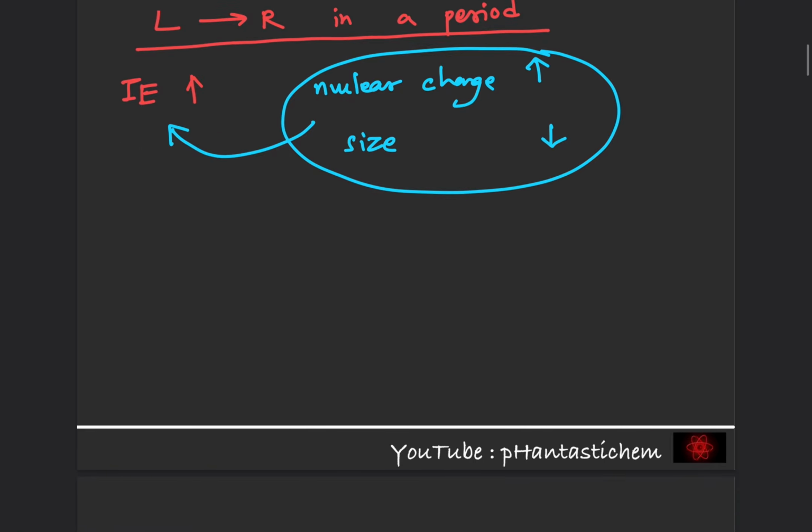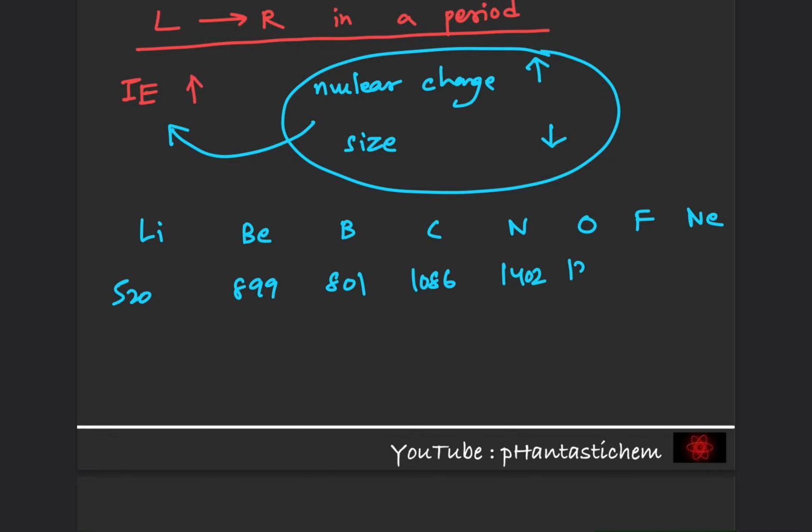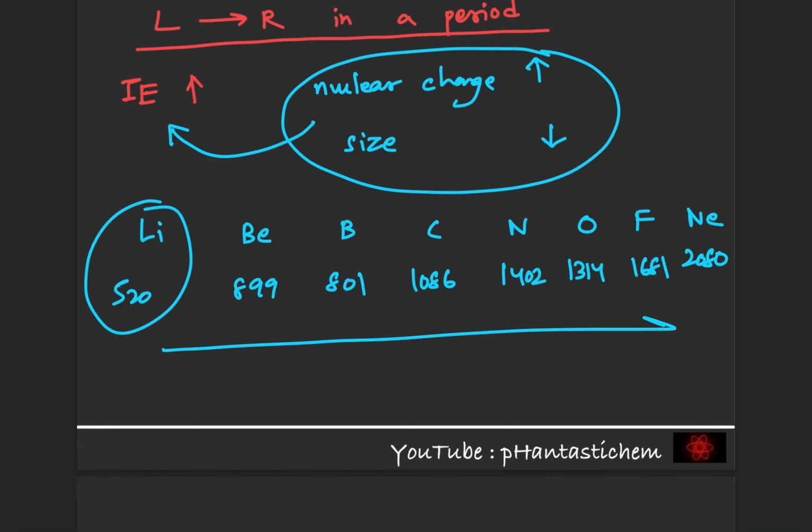For example, in the second period, lithium, beryllium, boron, carbon, nitrogen, oxygen, fluorine, neon. So the values of the first ionization enthalpy are lithium 520, 899, 801, 1086, 1402, 1314, 1681, 2080. So you can see in the second period, lithium has the lowest first ionization value, and in general, it increases.